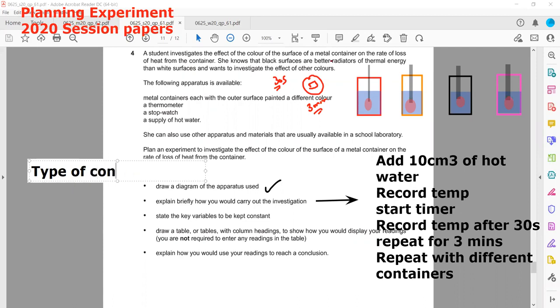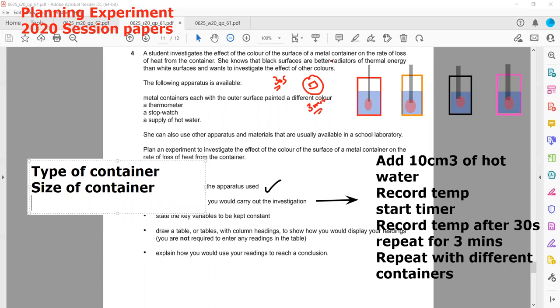For example, all are made of copper, or all are made of glass, but they have different colors. So type of container, size of the container, there are many things which can affect this.